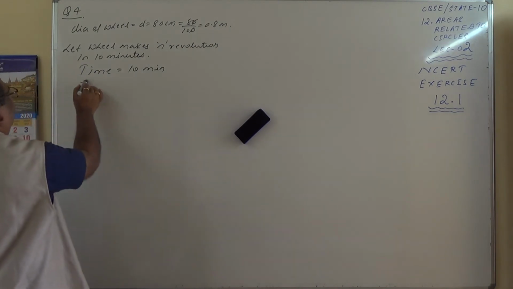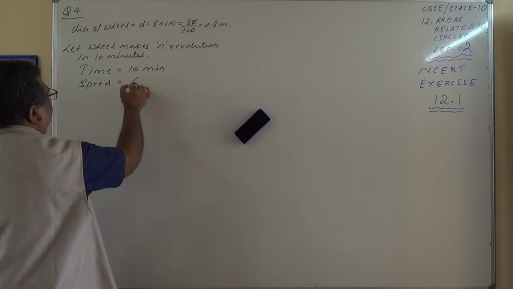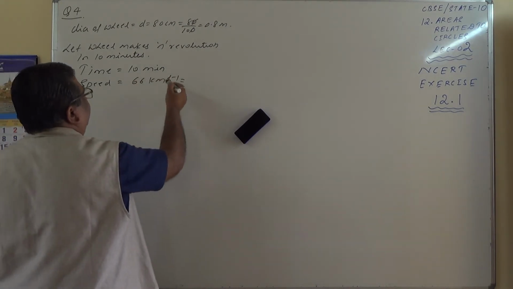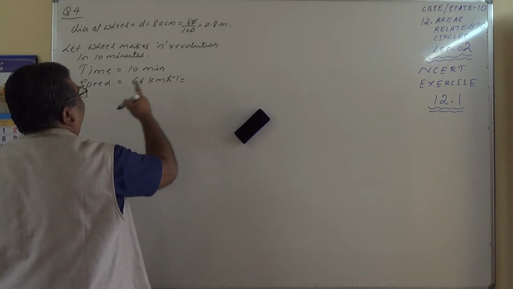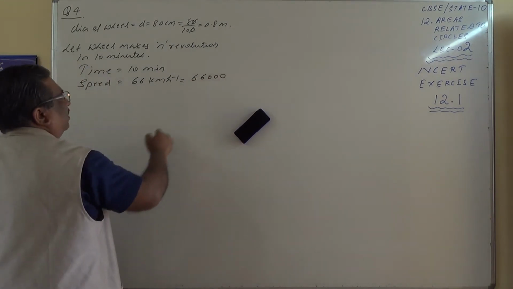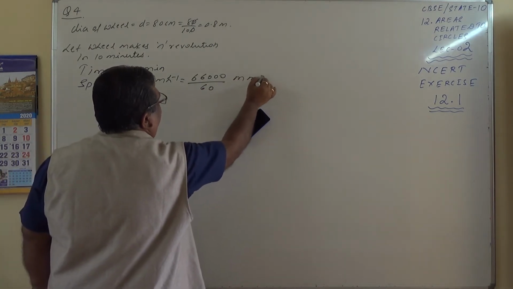Speed of the car 66 kilometers per hour. Let me convert it into meters per minute. 66,000 multiplied by 1000 divided by 60 meters per minute.